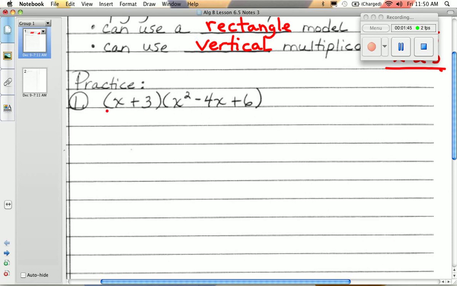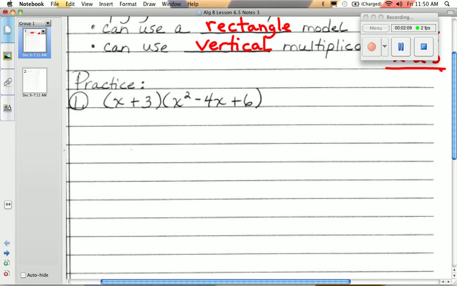We could call this its length, and we could call this its width, and we would say length times width, what are we going to get? But within that big rectangle, we're going to have all the multiplications, those 6 multiplications, so we'll have 6 little rectangles in there that will help us get our final area of the rectangle.